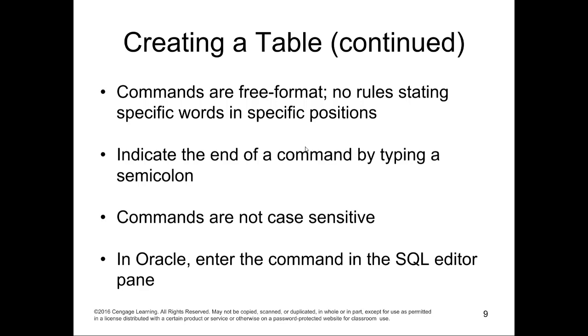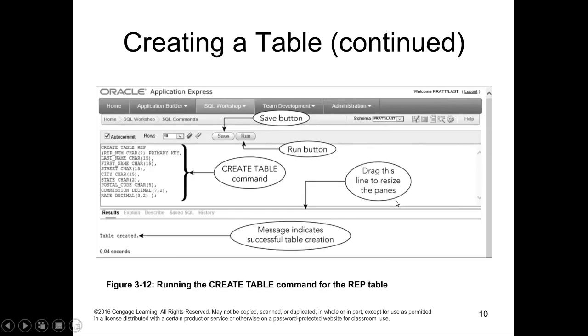In Oracle, enter the command in the SQL editor pane, and we're going to do that here in a little bit, probably in another video, to show some examples. So here's what the command looks like in one of the older versions of Application Express Online, but for the most part, Oracle Application Express Online is similar to this and looks about the same.